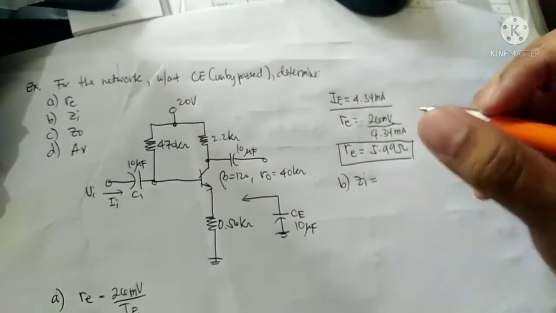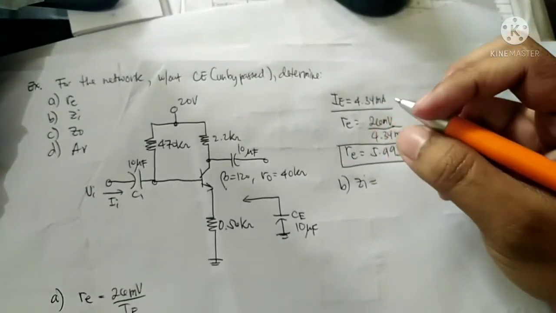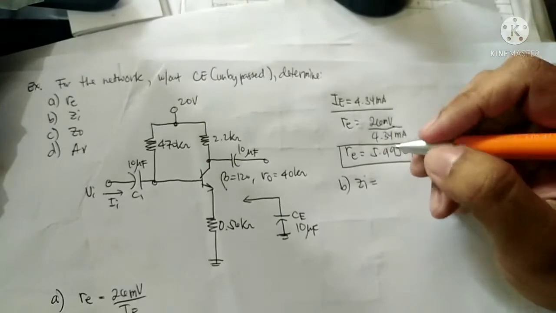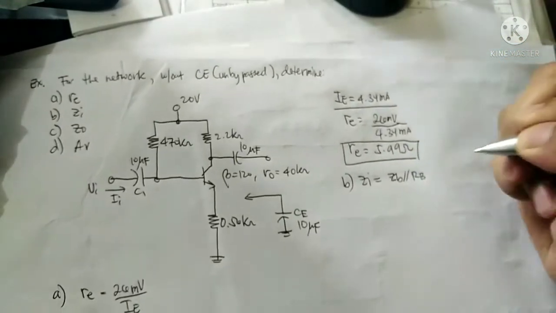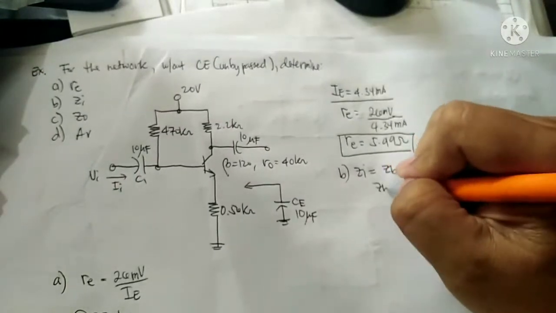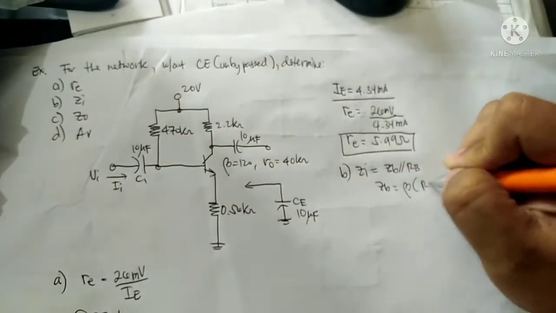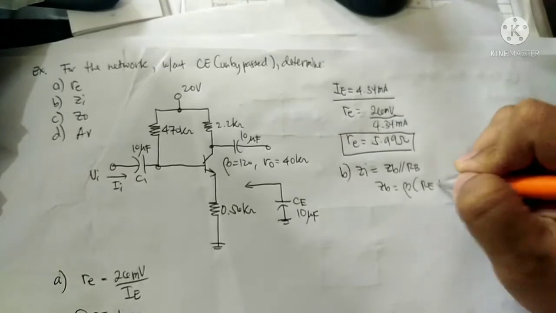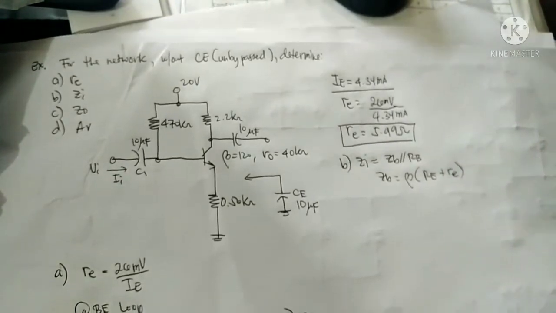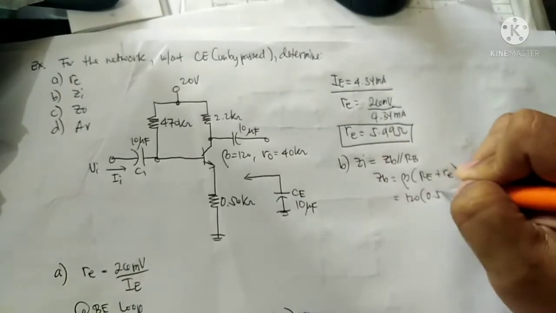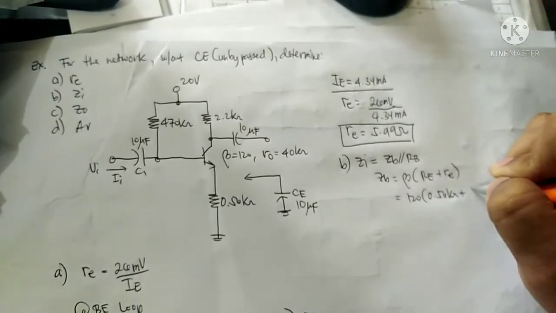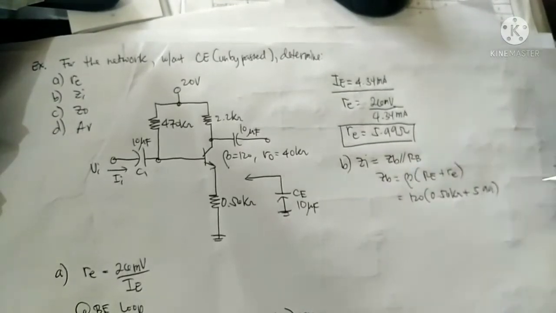So the input impedance, from our derived formula, is equal to Zb parallel RB. So Zb is beta times capital R sub E plus re, the emitter resistance, so this is 120 times 0.56k plus 5.99.